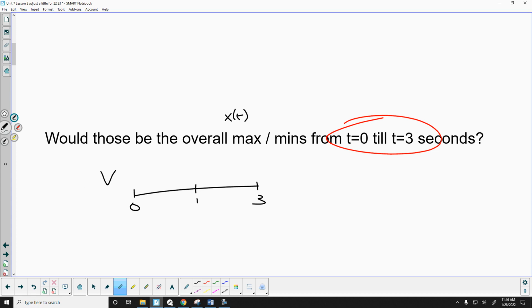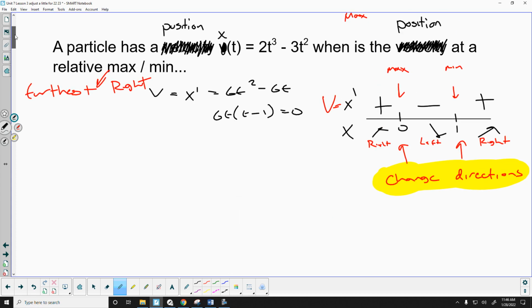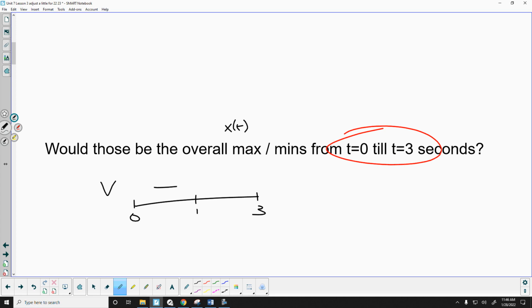And again, this is my velocity, and I realize that I'm going to the left and to the right. We know for a fact where either a max or a min is. We don't know about the other one. Which one do I know? It's like, oh, this has to be a min position at this time, or this has to be a max position at this time. Tell your neighbors.